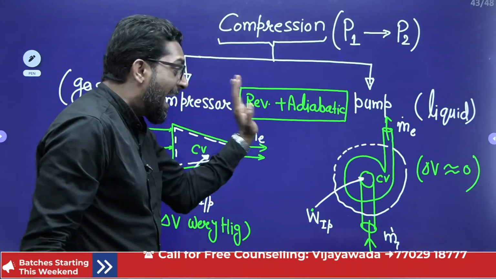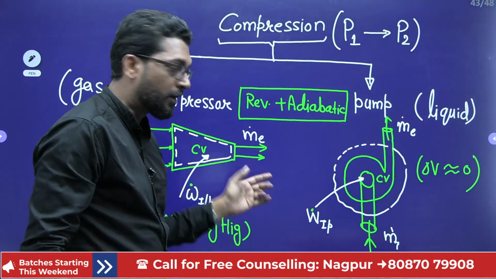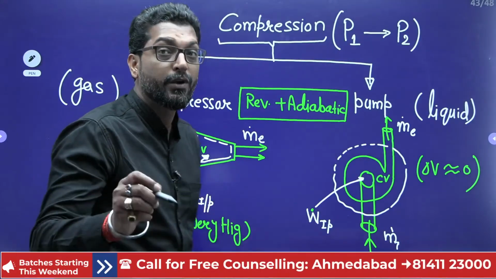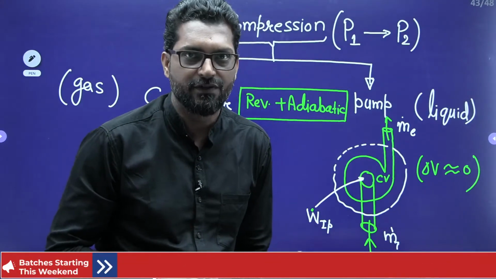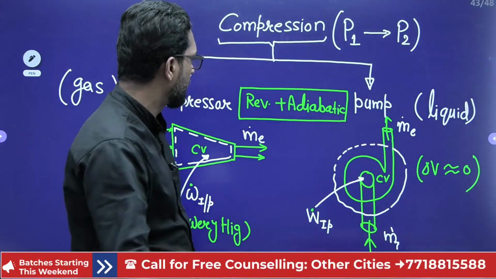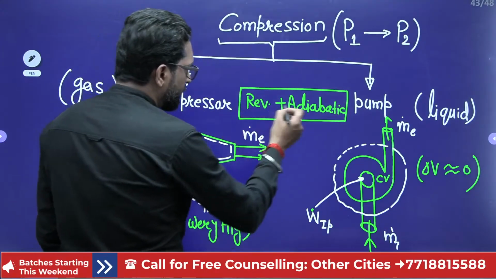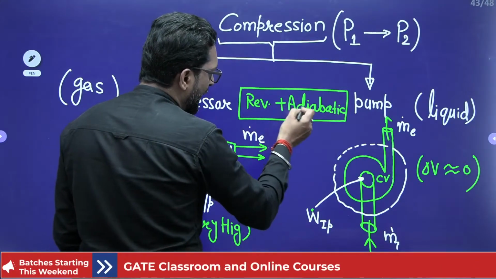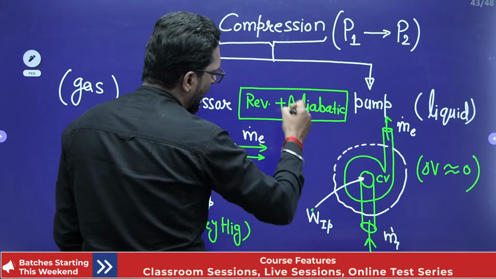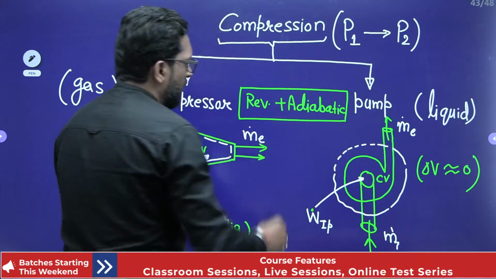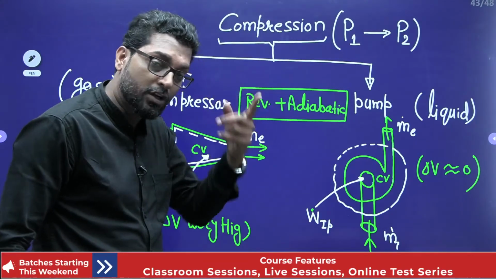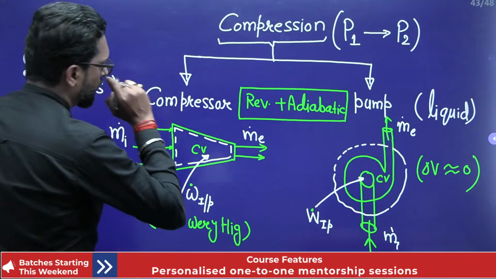So it is an ideal case. Compression, it is ideal. It is not actual. There must be irreversibility. So we can calculate the isentropic efficiency. We'll discuss that in the entropy chapter. So in this case, reversible plus adiabatic, that means internally this is reversible, totally reversible. Okay, so there is a compression. The compression will be done.